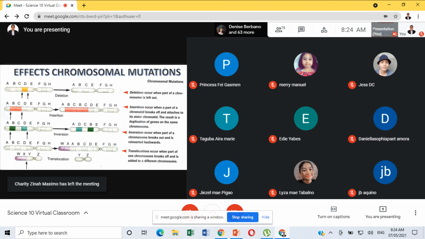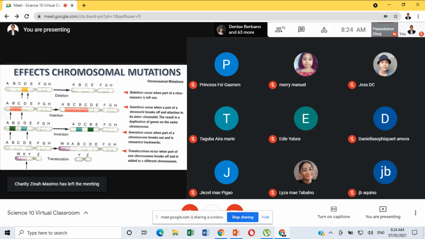Now, what are the effects of chromosomal mutations? Chromosomal mutations occur in all living organisms, but they are especially common in plants. Such mutations may be serious because they affect the distribution of genes to gametes during meiosis.